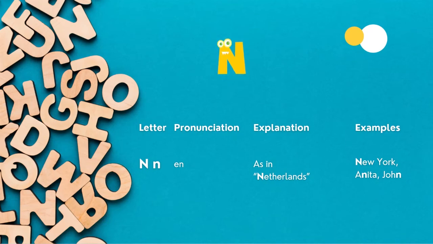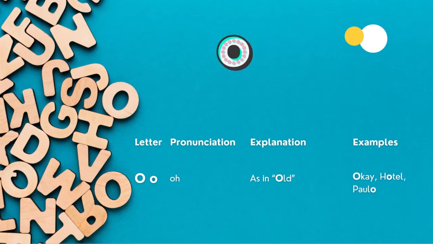So the N, N, N. All right, good, well done. Then we go to the O, and in Dutch the O is also O. So in Dutch you say O, and in Netherlands you say O. So it is similar, as we look at the explanation, as in old.